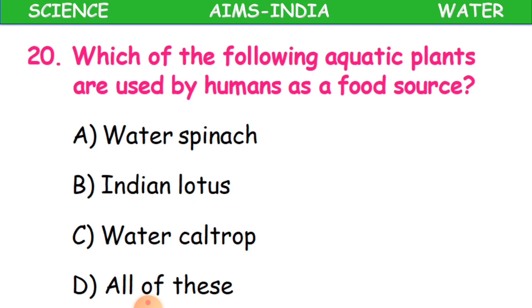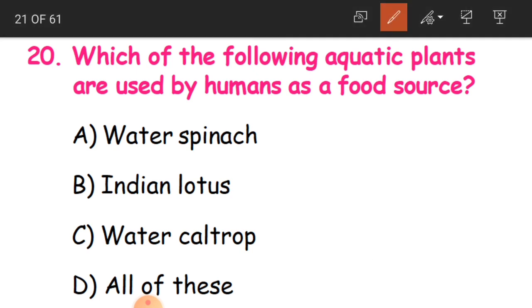Okay children, now we'll move on to the 20th question. Which of the following aquatic plants are used by humans as a food source? Here you have four options, where three are plant names and D is all of these. Which aquatic plant do we consume as food?